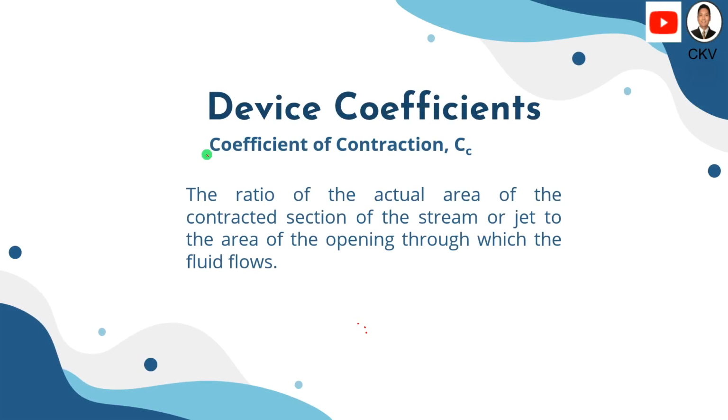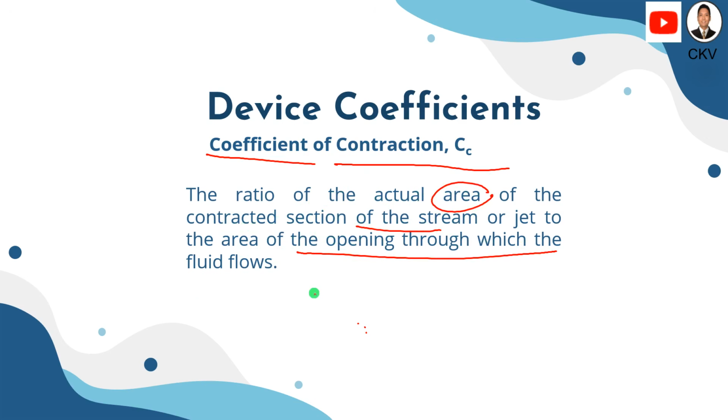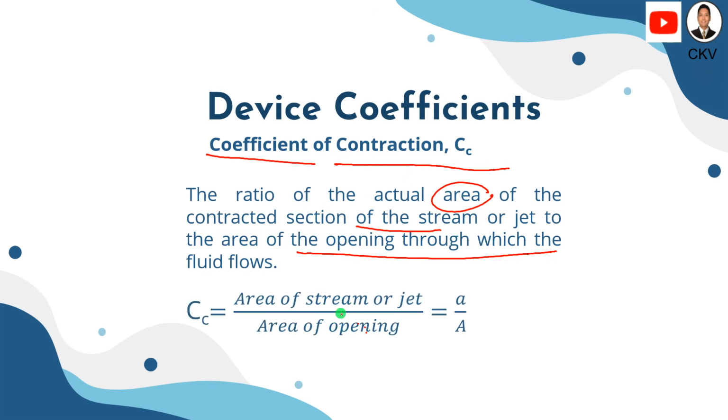Also, we have the coefficient of contraction, CC. It is the ratio of the actual area of the contracted section of the stream or jet to the area of the opening through which the fluid flows. Again, same concept. It is just the ratio of the actual to the theoretical opening.